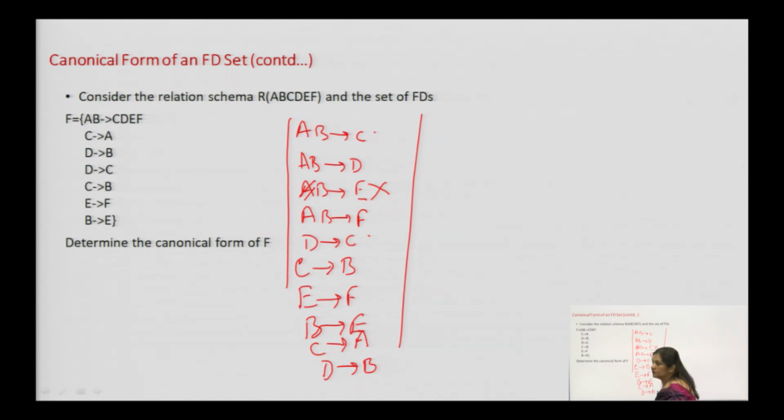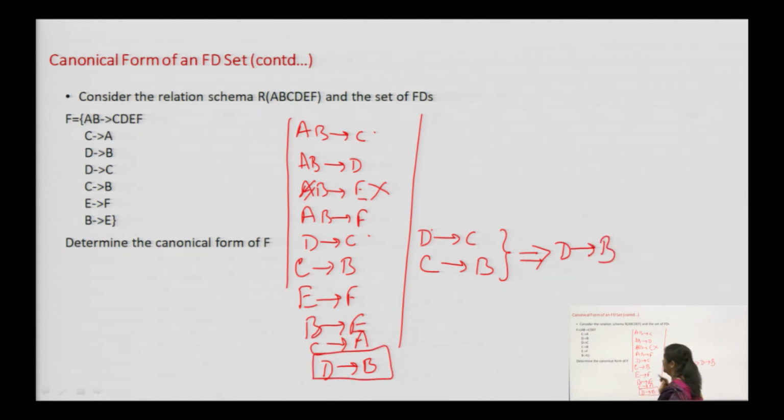Now, let's look for the extraneous functional dependencies. Here we have D to C and C to B. So, by transitivity, this implies D to B, and we have D to B over here. Hence D to B is an extraneous functional dependency.